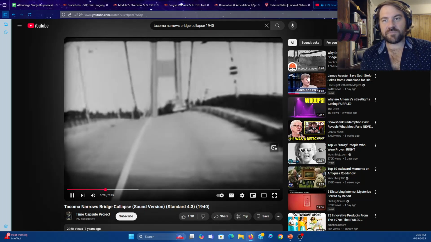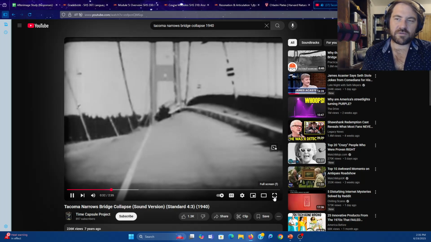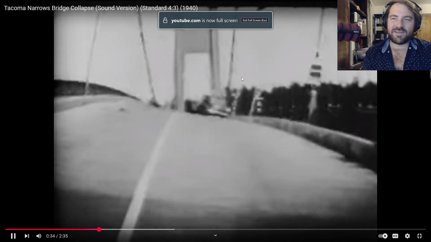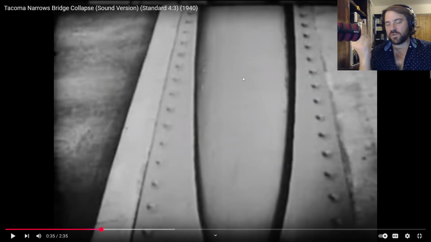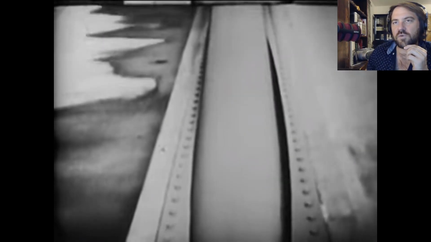So essentially what's going on here, it's a real bridge. I can let this play while I talk about this. This is a real bridge in 1940.